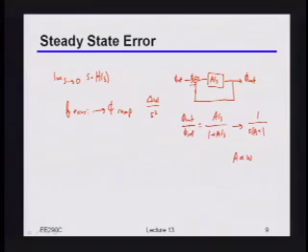Okay, so at the end of the day, remember what we're interested in is how big of a phase error we have. In other words, we're interested in phi out minus phi ref. Just to make things a little easier, I'm going to assume that my phi out over phi ref is something like 1 over 1 plus s over omega bandwidth.